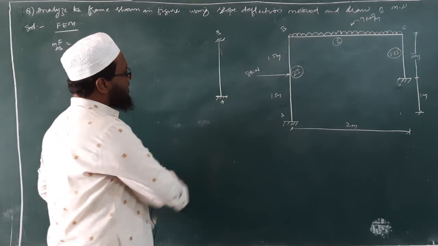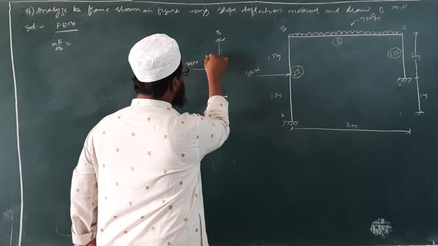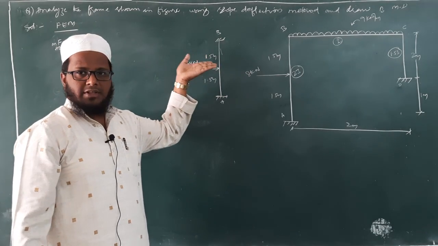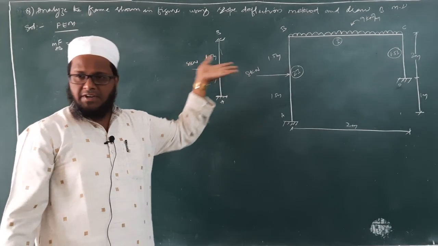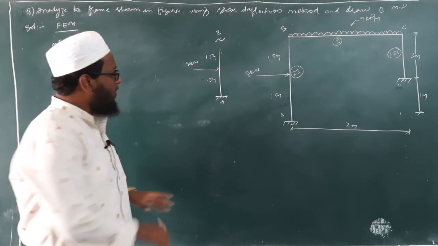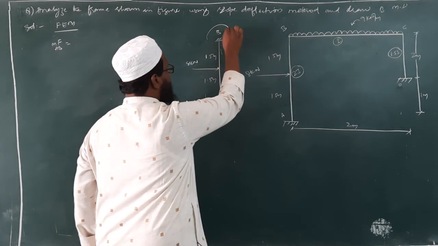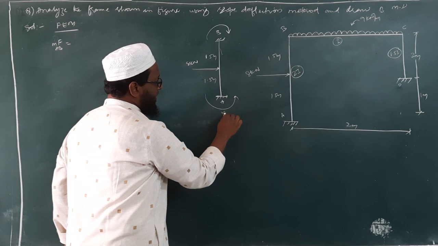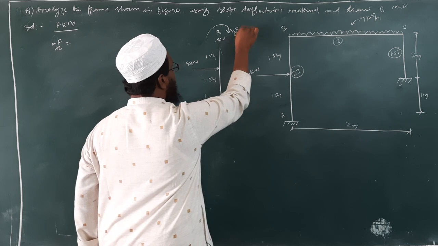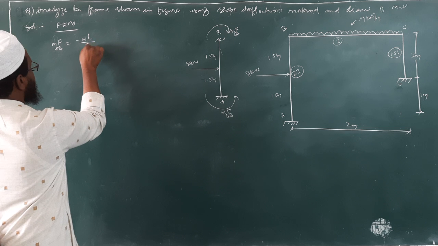Okay, how to calculate fixed end moments? We all know, that is, this is 8 kilonewton, this is 1.5 meter, this is also 1.5 meter. So because of this horizontal loading, the vertical member will try to get deflected in right direction. To overcome that or to support that fixed end, fixed support will create two moments. One will be an anti-clockwise moment. This is MF AB and this is MF BA. Can you tell me what is MF AB? Minus WL by 8, isn't it?